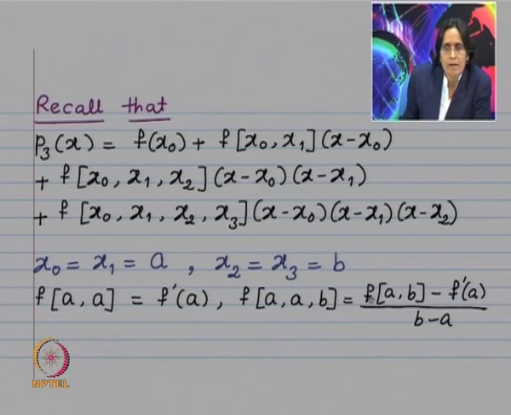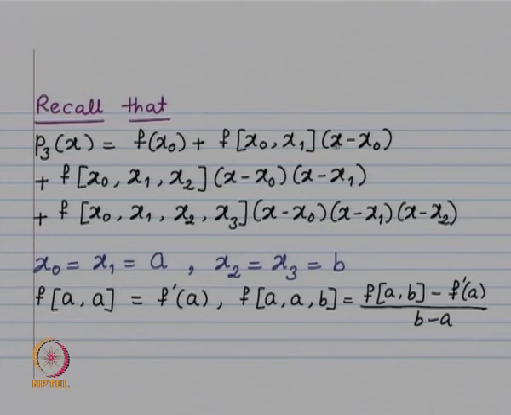So, that will be f of a b, a and b are distinct, minus f of a which is f dash a divided by b minus a. So, f of a makes sense, f of a b makes sense, and f of a b b will be defined in a similar manner.